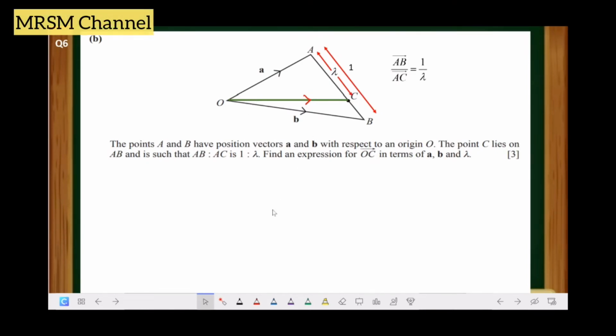O to C is OA plus AC. Look at this, OC is OA plus AC. OA is no problem, we already have vector A. But we don't have vector AC in terms of A, B and lambda yet.